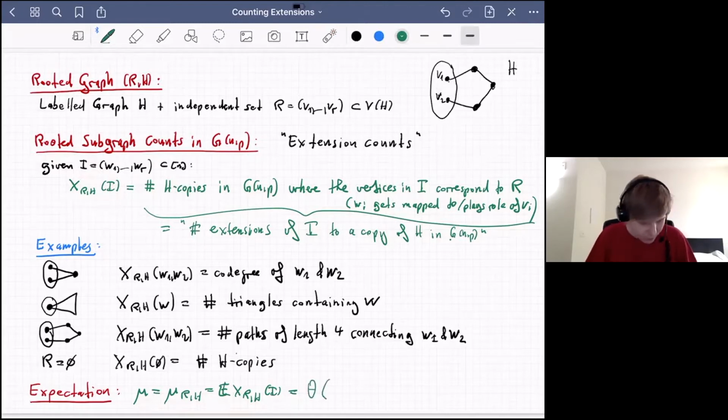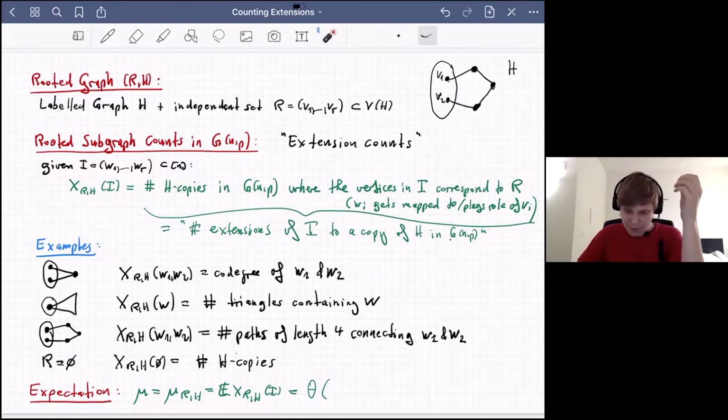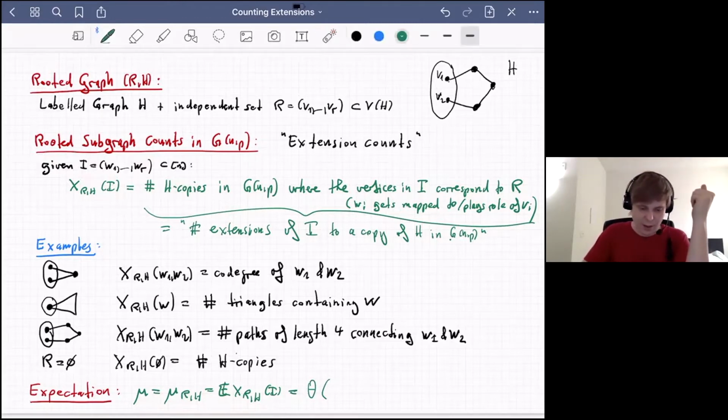Well, it's very similar to normal subgraph counts. What's happening here is that we fixed the vertices of the root, and so now we need to choose a certain number of vertices outside. The number of vertices outside is, in this case, the number of vertices of the entire graph minus the number of vertices of the root.